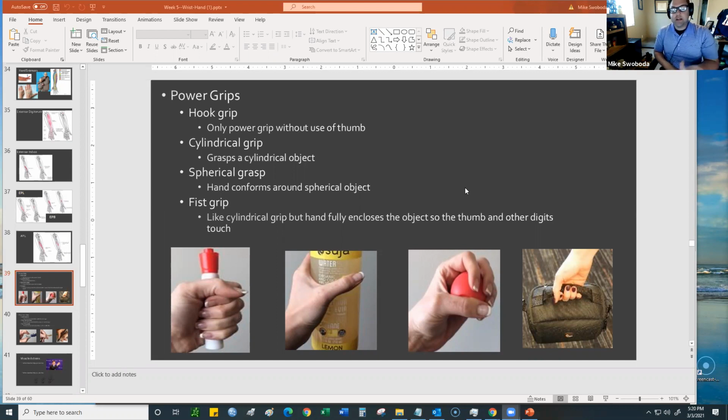Now, other than using, say, an actual hanger or whatever, where else do you think you would use a hook grip? Olympic lifts, Olympic weightlifting. Like which one?